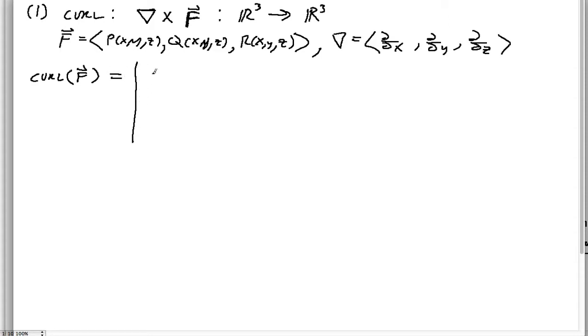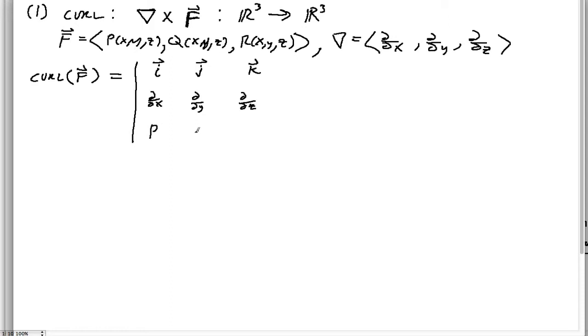This is going to be our unit vector in the x direction, a unit vector in the y direction, and a unit vector in the z direction, i, j, k. Then our partial with respect to x, partial with respect to y, and partial with respect to z.